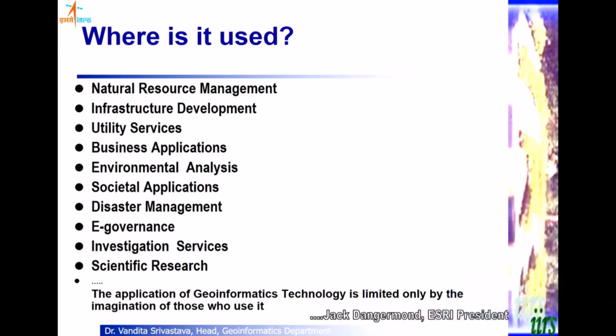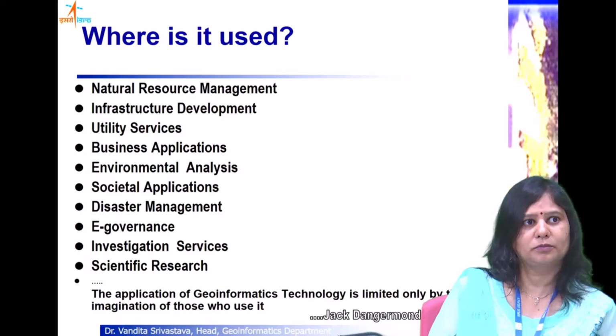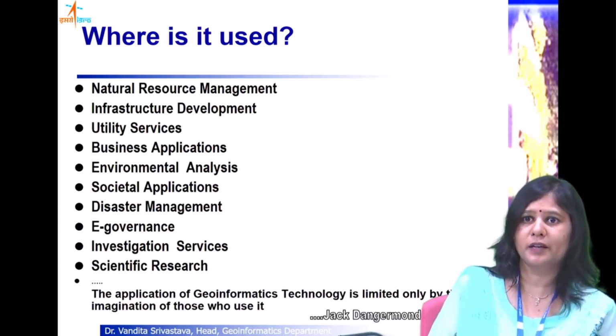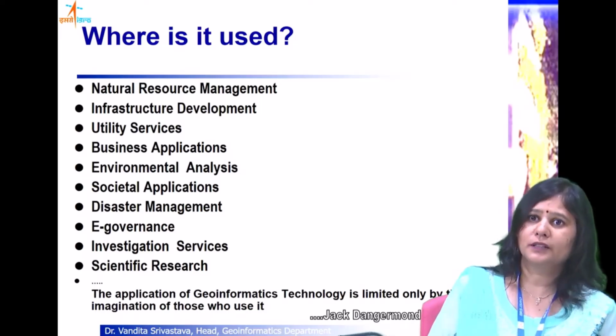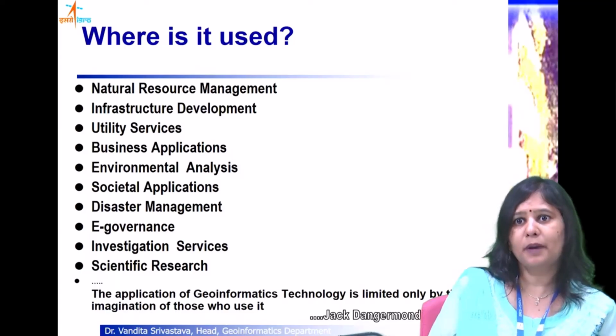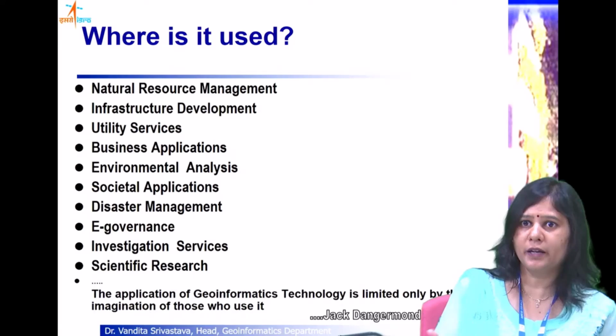It has societal applications, like I said, health GIS. The GIS user, or the person who is providing that application, needs to know that GIS can also be used in the health sector by understanding how the disease is spreading, the spatial pattern of the disease spread.